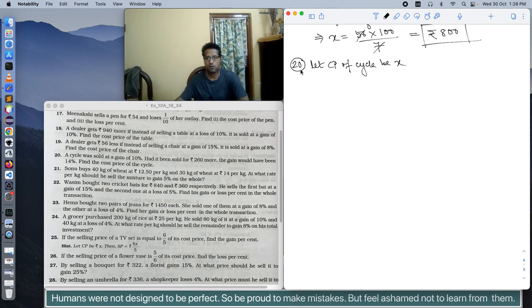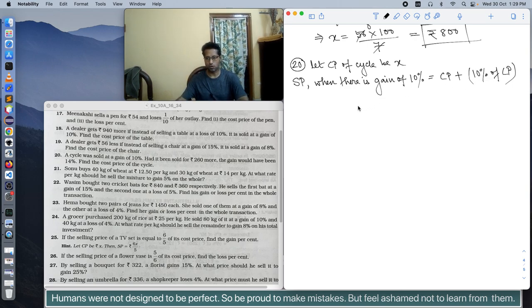Okay, so selling price when there is a gain of 10% is equal to the cost price plus 10% of cost price.